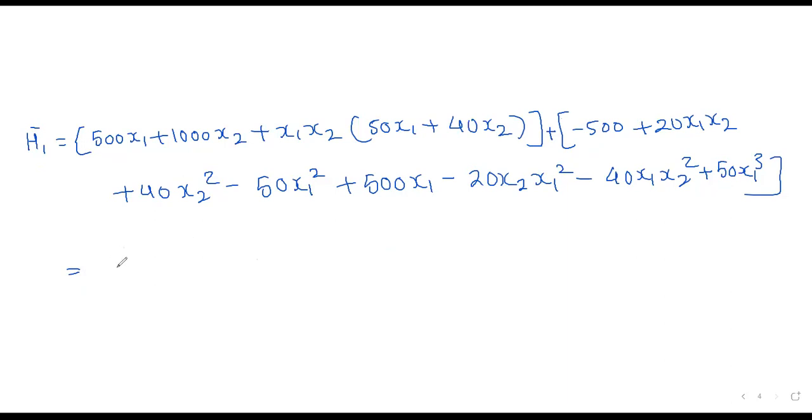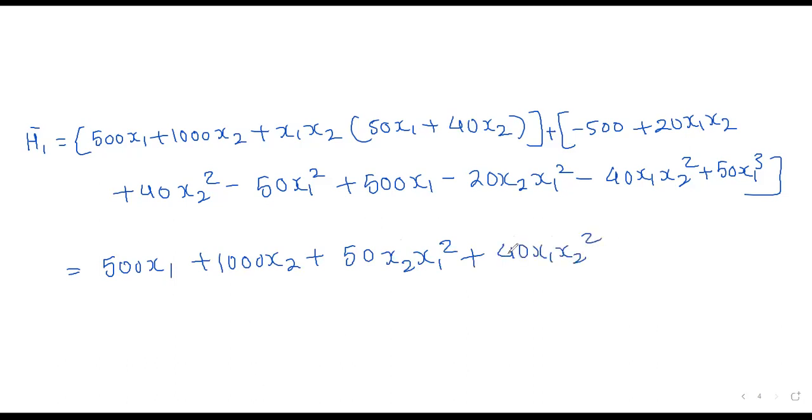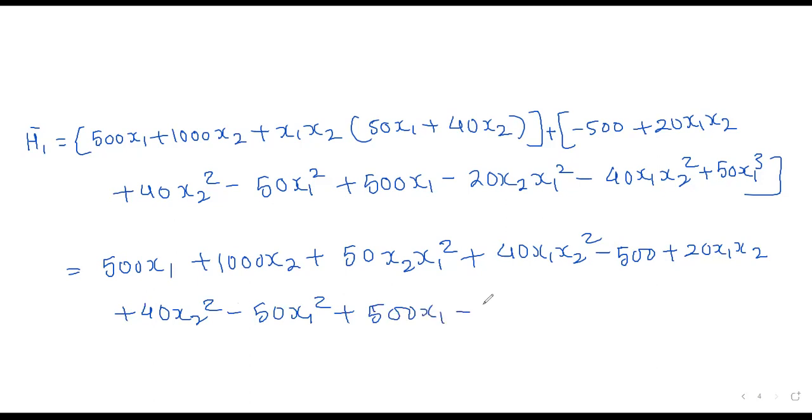So 500 x1 plus 1000 x2 plus 50 x2 x1 square plus 40 x1 x2 square minus 500, plus 20 x1 x2 plus 40 x2 square minus 50 x1 square plus 500 x1 minus 20 x2 x1 square minus 40 x1 x2 square plus 50 x1 cube.